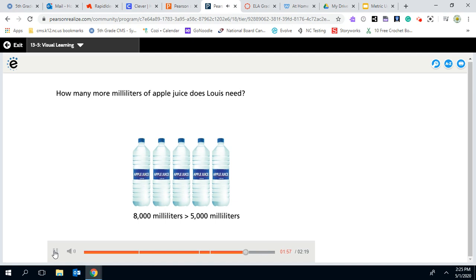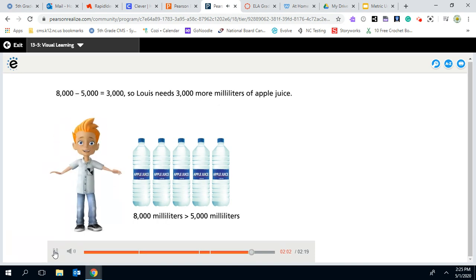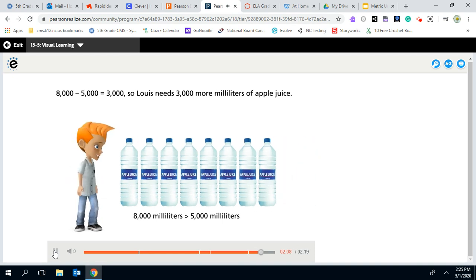How many more milliliters of apple juice does Louis need? 8,000 minus 5,000 equals 3,000. So Louis needs 3,000 more milliliters of apple juice. Now you know how to convert from one metric unit of capacity or mass to another.